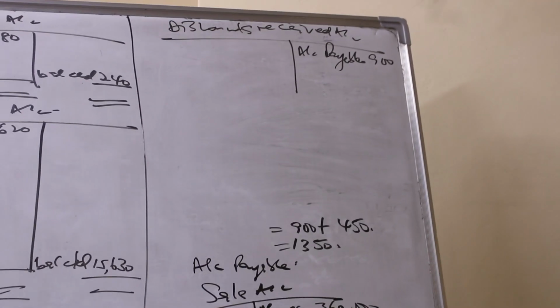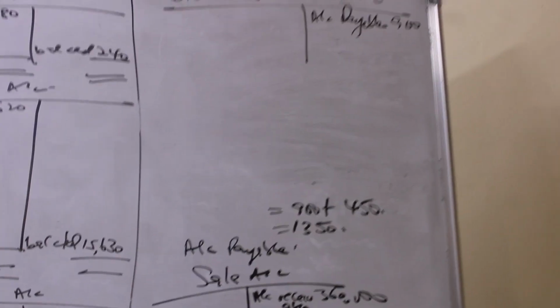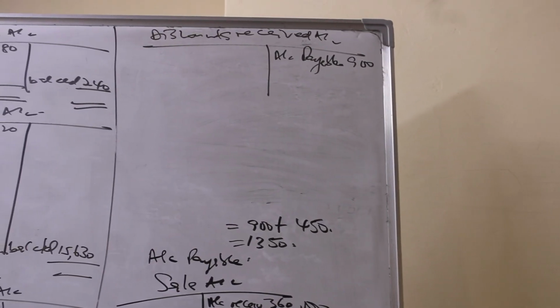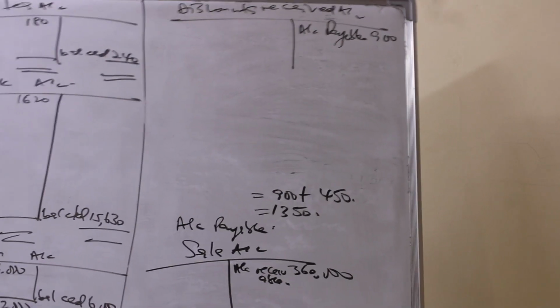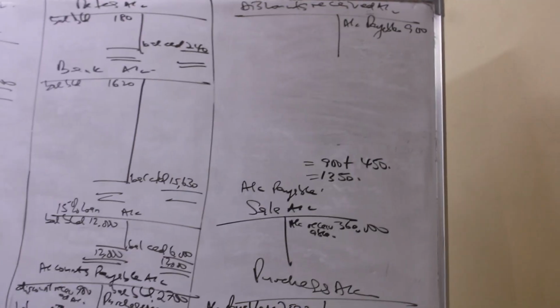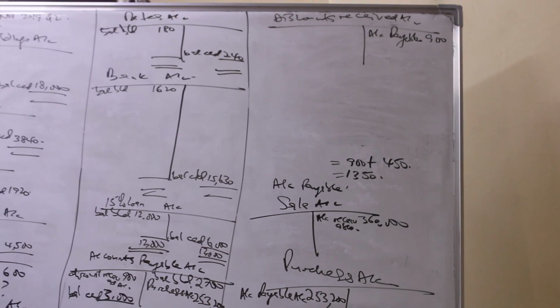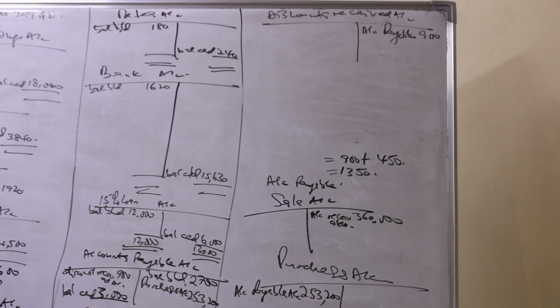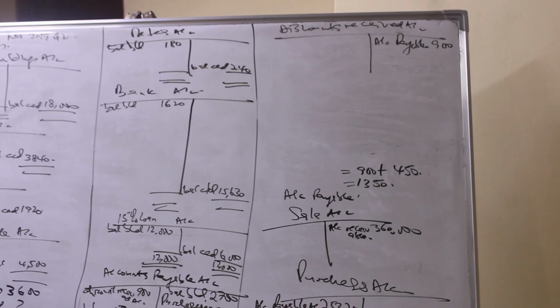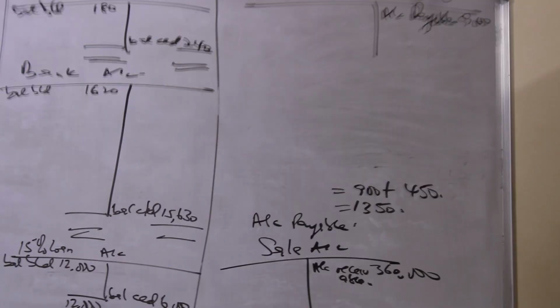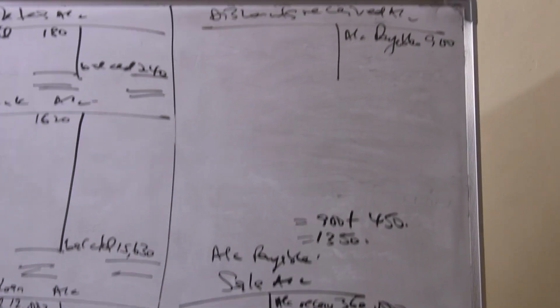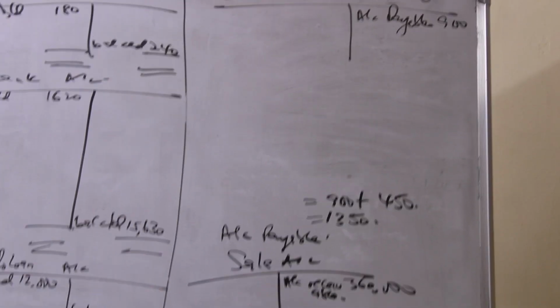Then you're told, bad debts written off for the year amounted to 240,000. So if we were to write off, we reduce accounts receivable with the bad debts.